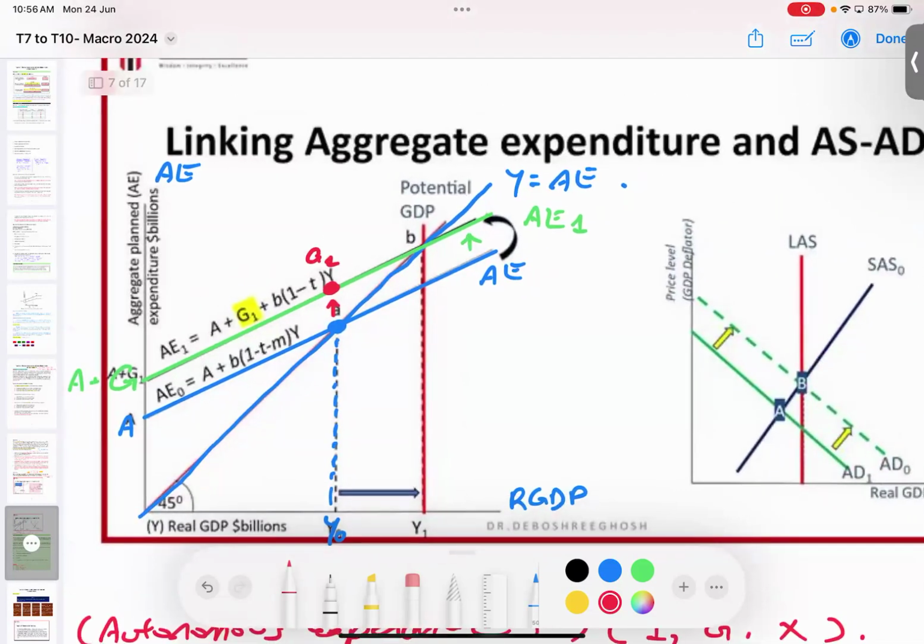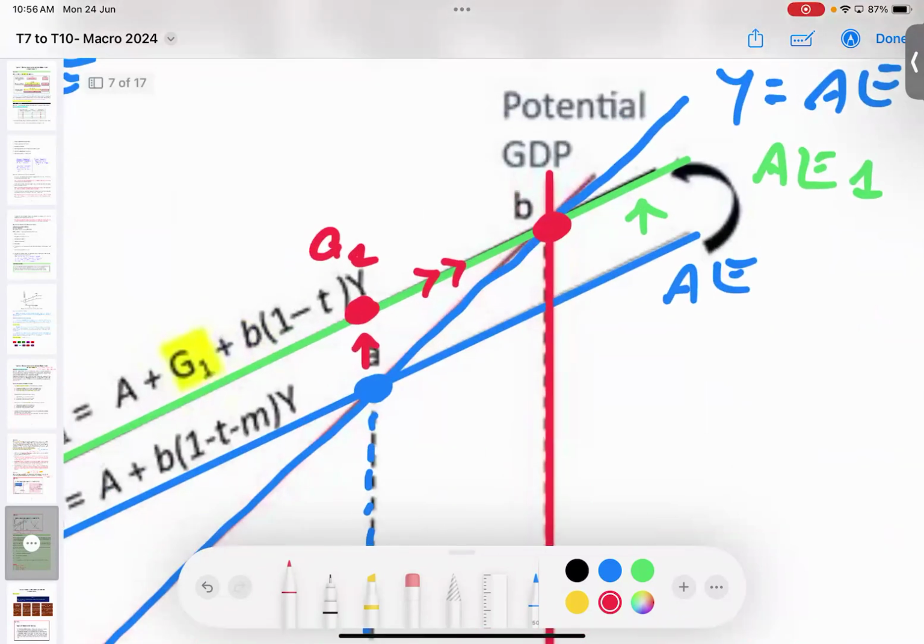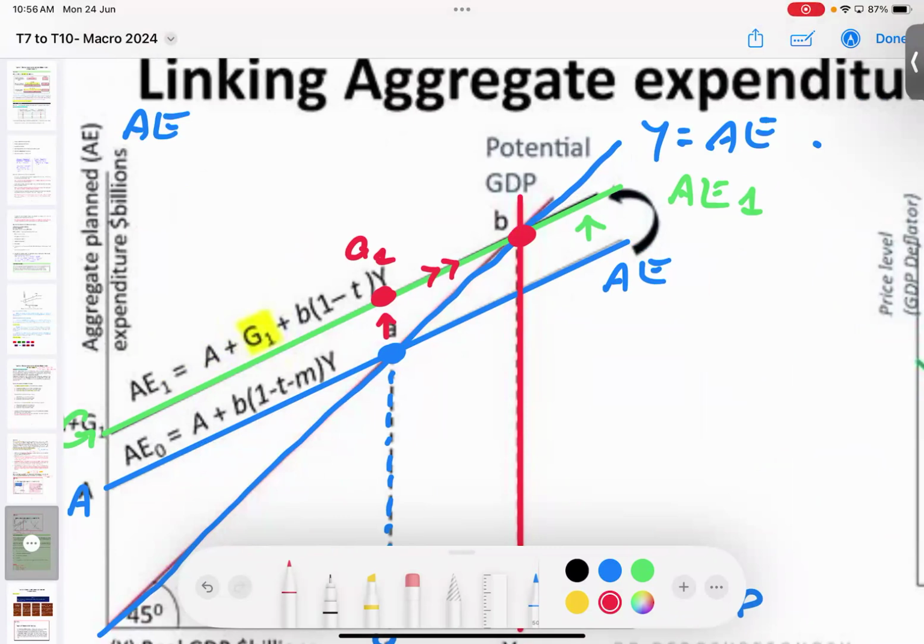So it will move from point A1 to point B, and assuming point B is the full potential GDP of the economy. From point A1 to point B, the explanation we usually use is the multiplier effect.